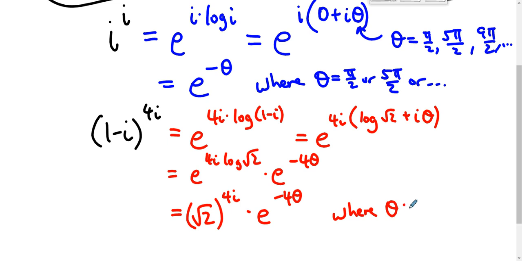Where theta is for 1 minus i. 1 minus i is in the fourth quadrant, -pi over 4, or 7 pi over 4, or so on. So very weird.